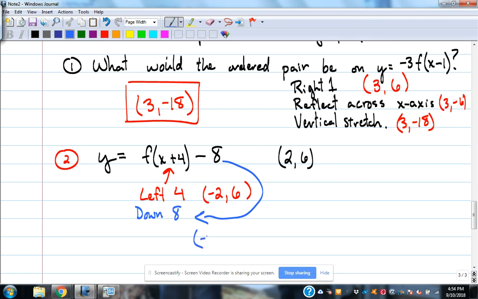So the ordered pair is (-2, -2). The key is get your transformations and then do that to the ordered pair. Don't try to overthink and do it all at once. Do one transformation at a time. Start on the inside of the parentheses if there's anything happening there, and then work your way up.